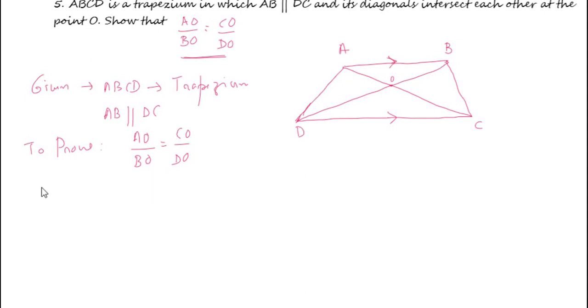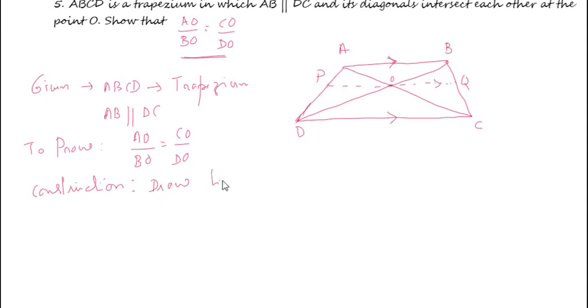Let us do a construction here. What is the construction you need to do? Draw a line parallel to AB and CD through O and cutting AD at P and BC at Q. This is parallel to both the lines.